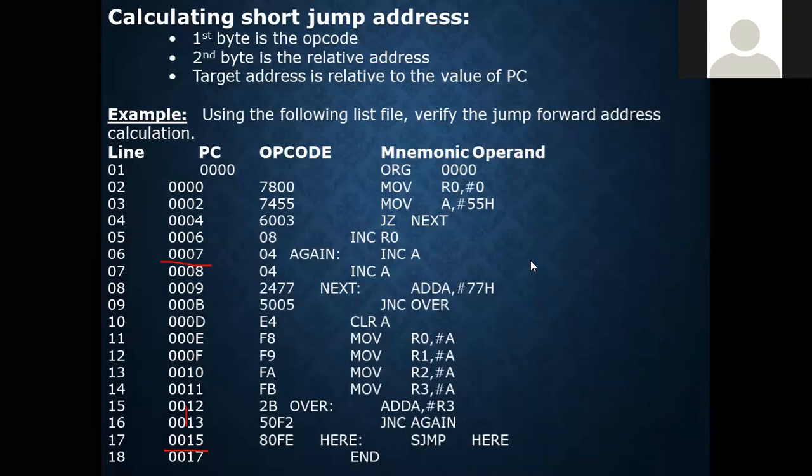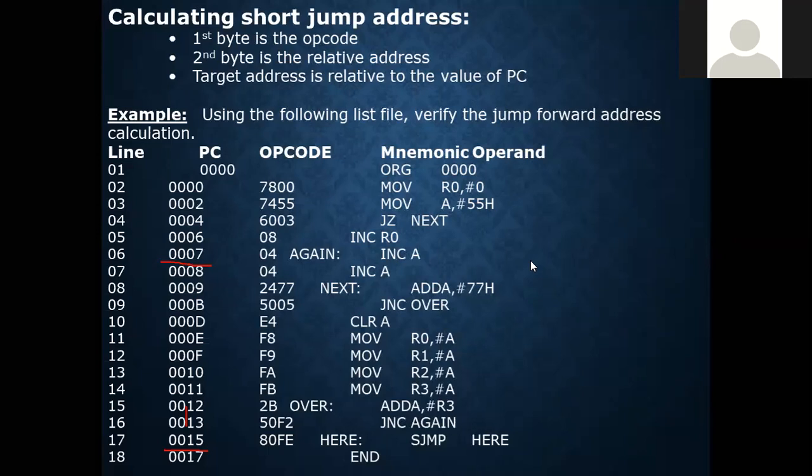So here also, in this particular program, from 15 and 07, that is the negative direction. One is forward. Whenever the direction is forward, no problem, whatever the difference is you can write.